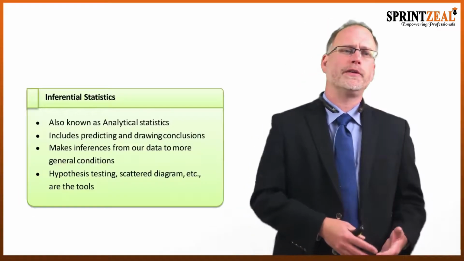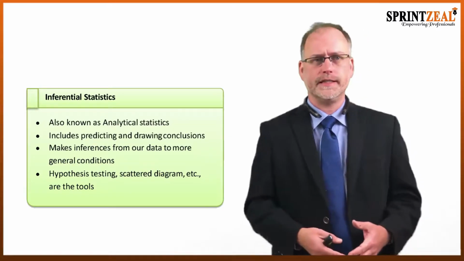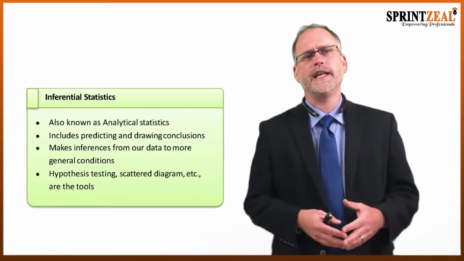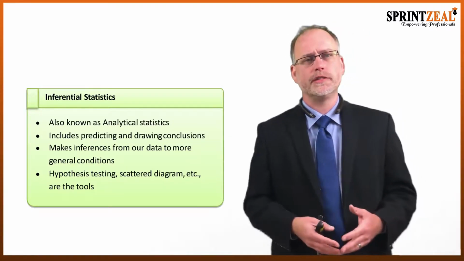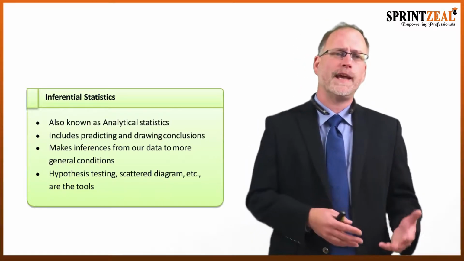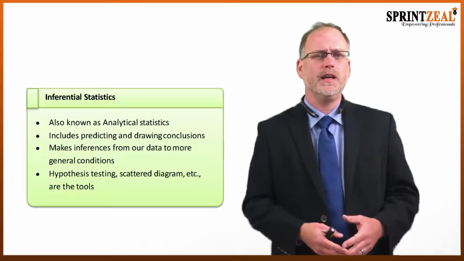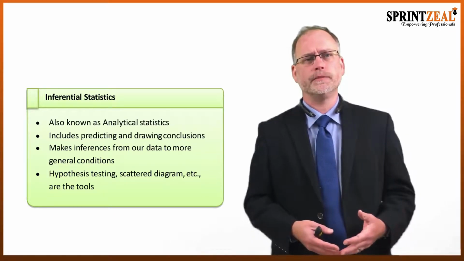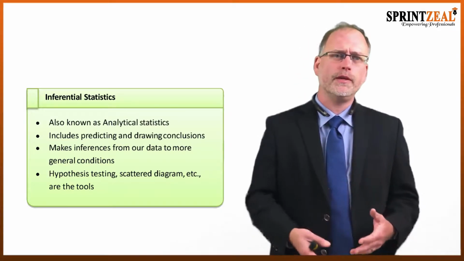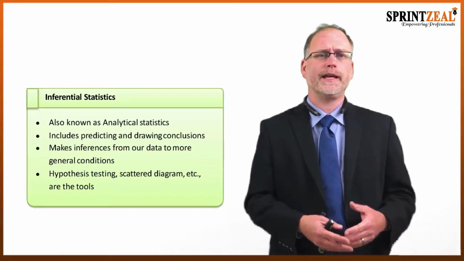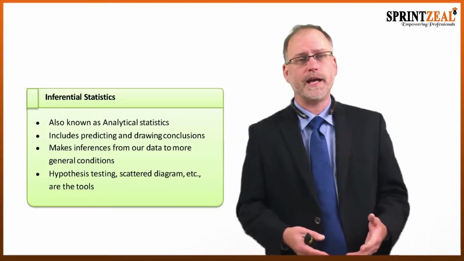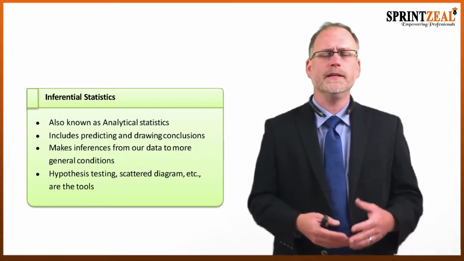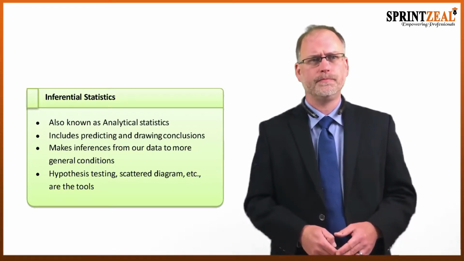Then we have inferential statistics, or analytical statistics. This includes any predictions and conclusions that we draw from a sample to a population. So it makes an inference from our data to a more general condition. Some tools that we use in inferential statistics would be a scatter plot diagram, hypothesis testing, and other tools.